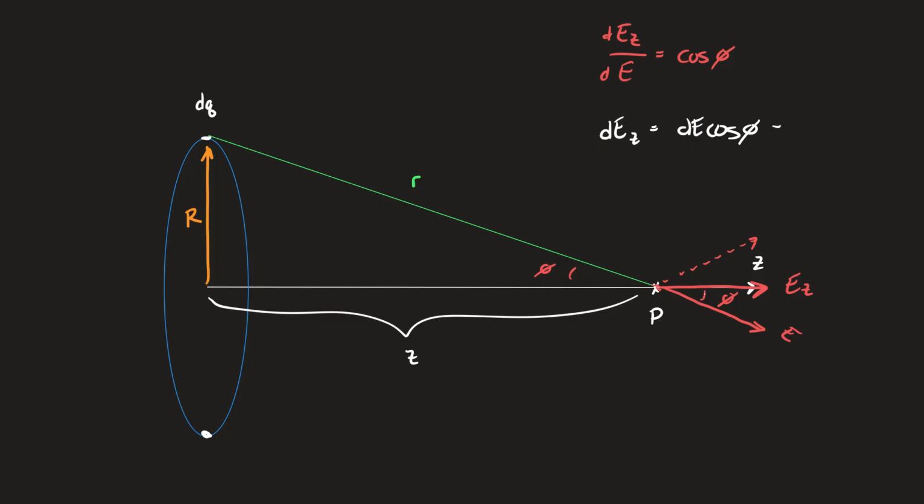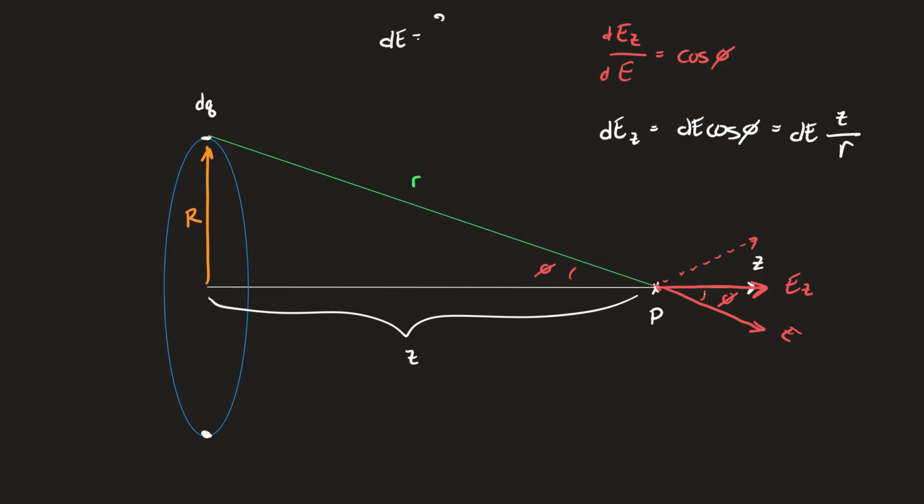That's going to give us dE times z over r. The integration of that should give us the entire electric field in the z direction. So let's now look at what dE is going to be.